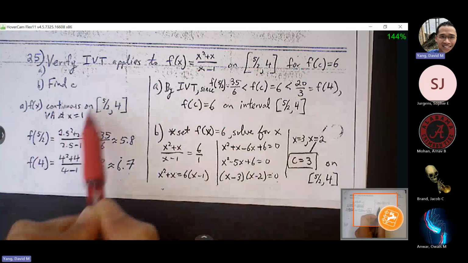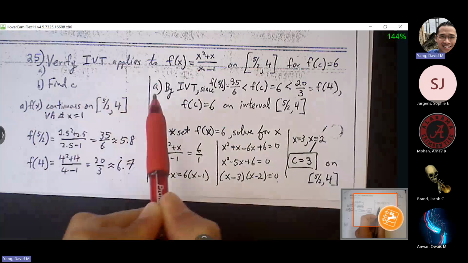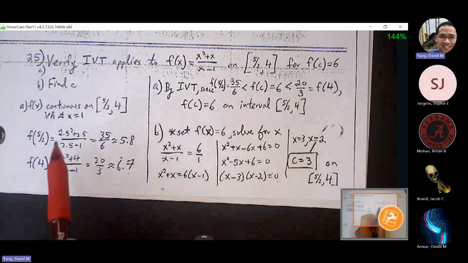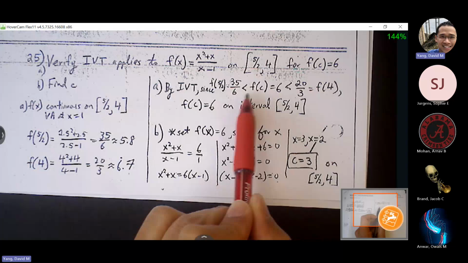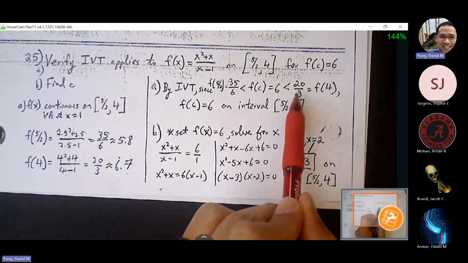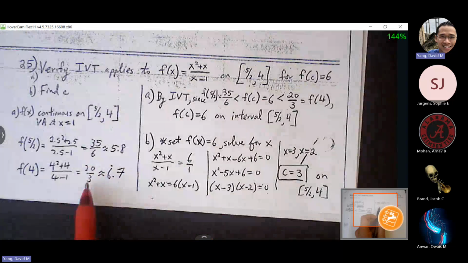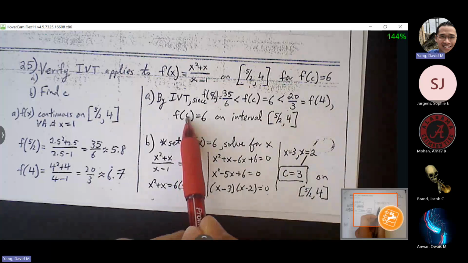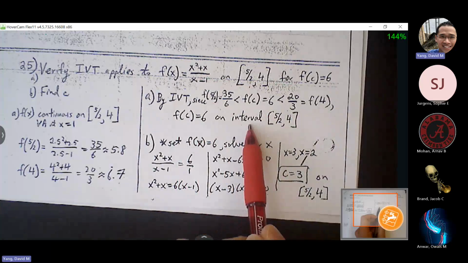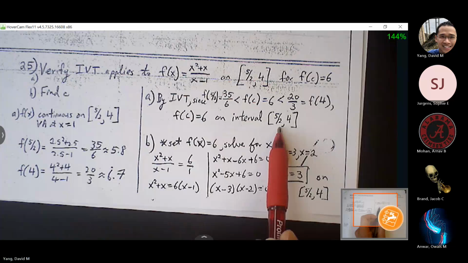By IVT, we've already established continuity, so I don't have to say it again. By IVT, since one endpoint is 35 over 6, which is less than 6, which is less than my upper bound, 20 over 3, coming from f of 4, then we know that f of c equals 6 somewhere on the interval from 2.5 to 4.